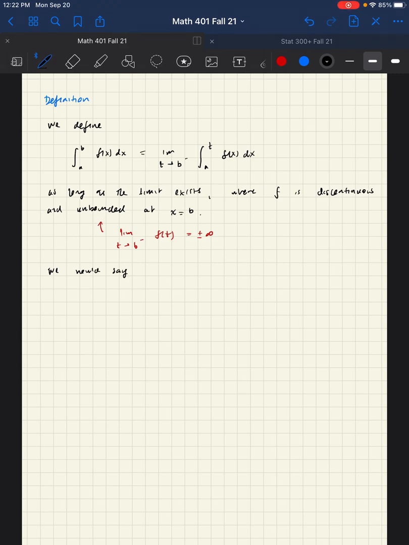It could be either one. Then we would say that if the limit exists, this limit, the integral converges. Otherwise, if the limit doesn't exist, the integral diverges.